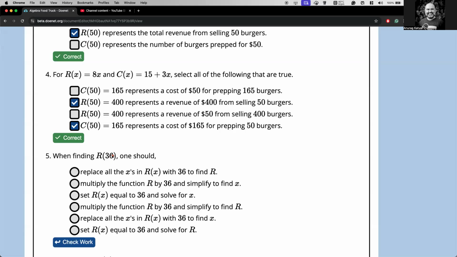Correct. So you replace X with 36 and you solve. Well, that's easy. You replace all the X's in R with 36 and you find R.